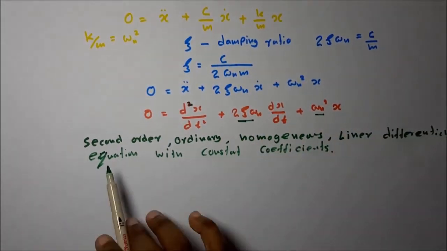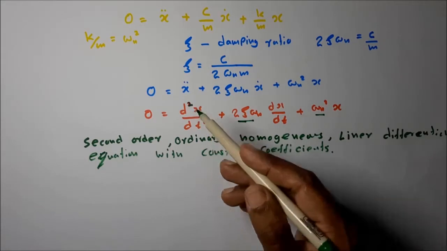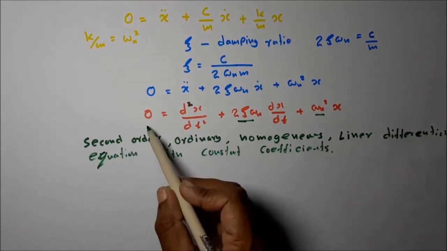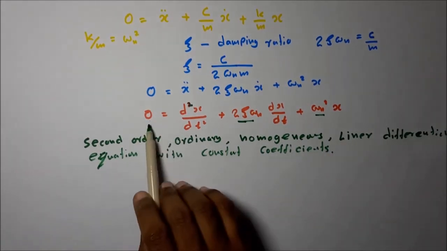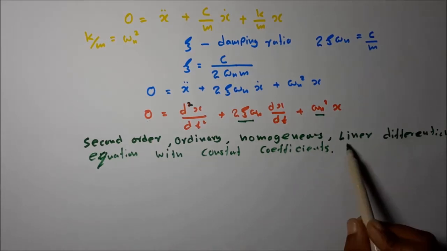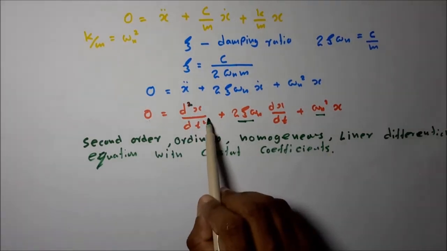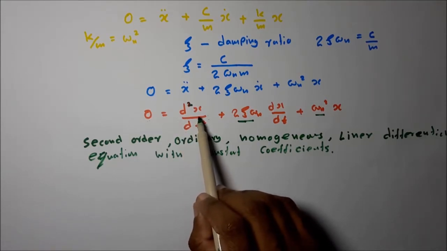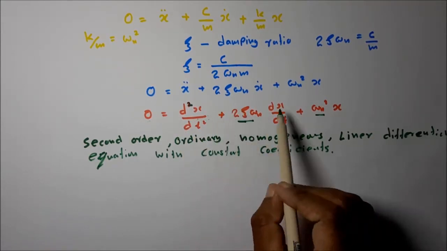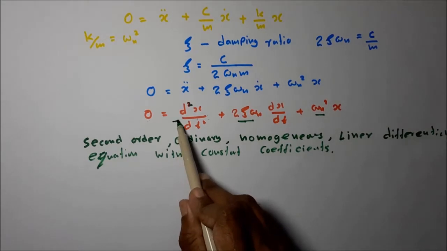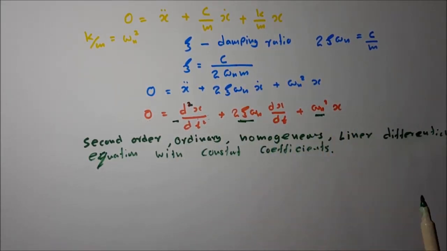The second order, because the highest derivative is 2. The ordinary differential equation is not a partial differential equation. The homogeneous, because this part is equal to 0. If there is no function of x, it's linear, because every dependent variable and its derivatives are of degree 1. With constant coefficients, we have constants in front of the derivative terms.